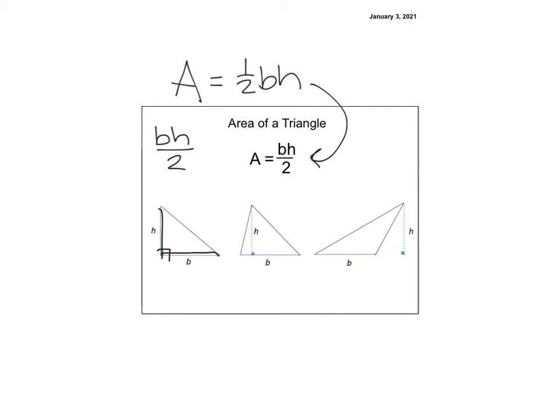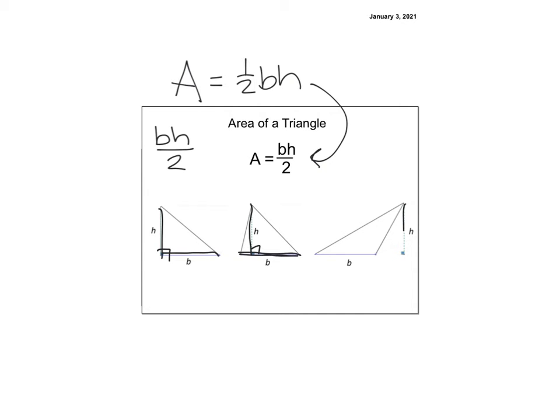So that height is talking about the distance from a vertex, so one angle, all the way down to another side. And that drops down at a right angle. That means they're perpendicular, the base and the height. So we have our height here, and it connects to this side, which would be our base. And it forms a right angle, so they're perpendicular.